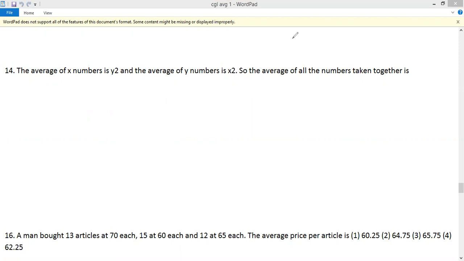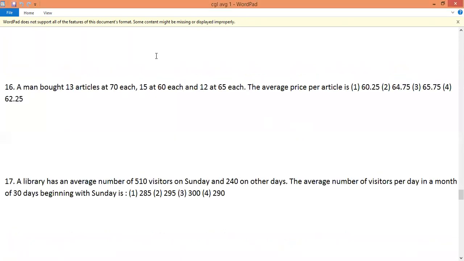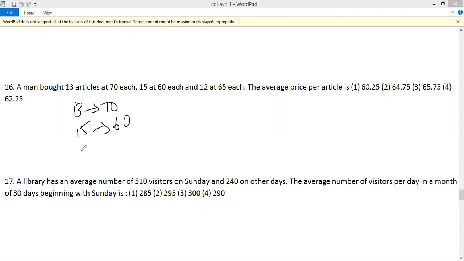Next question we will see. A man bought 30 articles for 70, 15 for 60 and 12 for 60. 1370, 1560, 1265. Assume anything. I am assuming 60 is the average. 60 plus. How much difference? 10. 10 for 30 numbers. So 130.